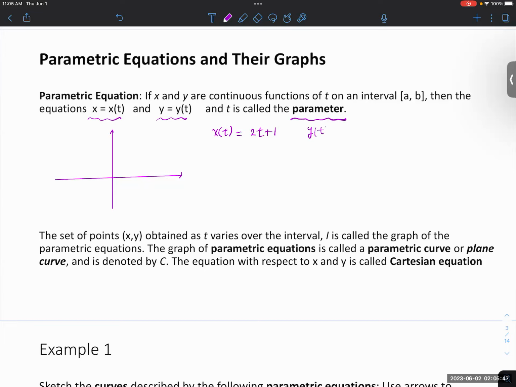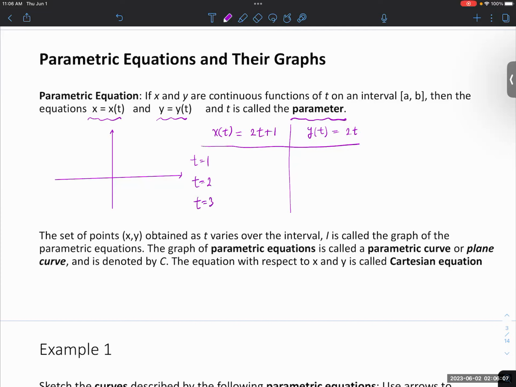Same thing for the y function in terms of t. I'm just creating one randomly, 2t. We have three different variables, x, y, and t, and depending on t, you see that?